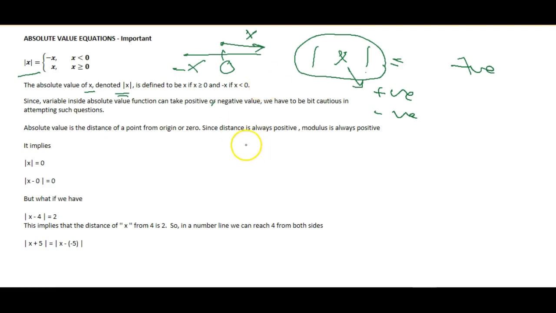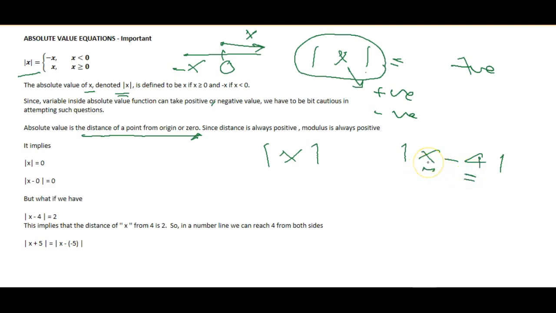Another definition of modulus says that it is the distance of a point from the origin, which we call 0, if we have mod of x. For other cases, like when we have x minus 4, we are checking the distance of x from the point 4.